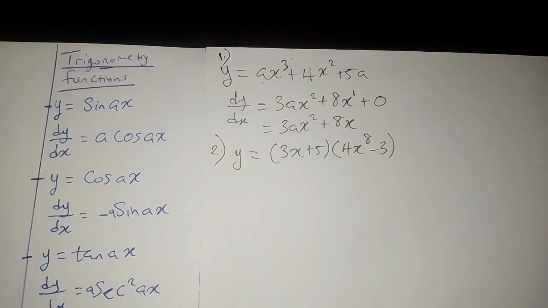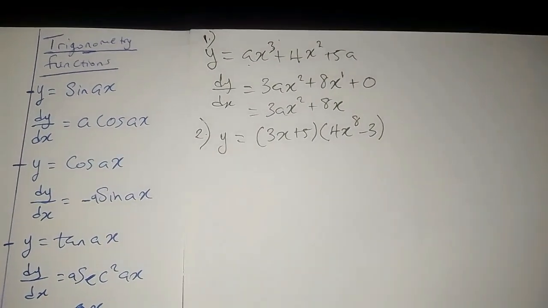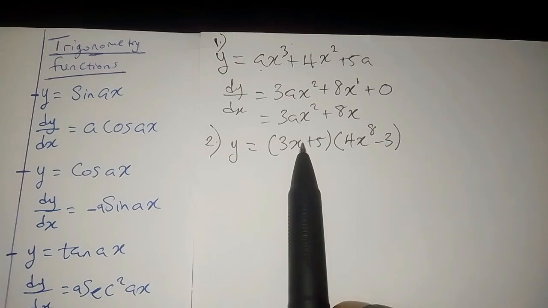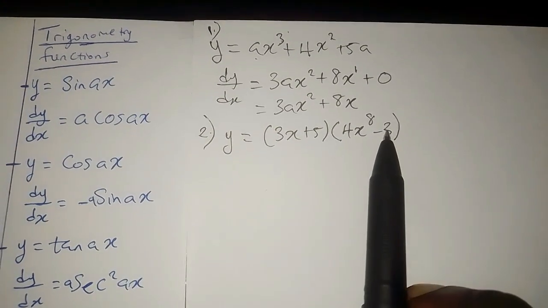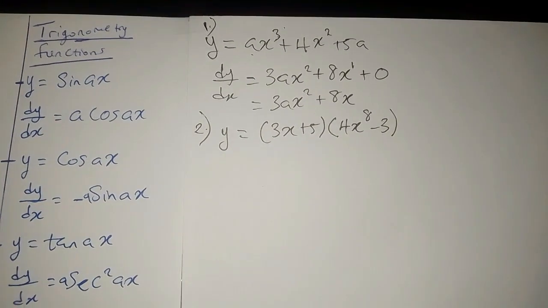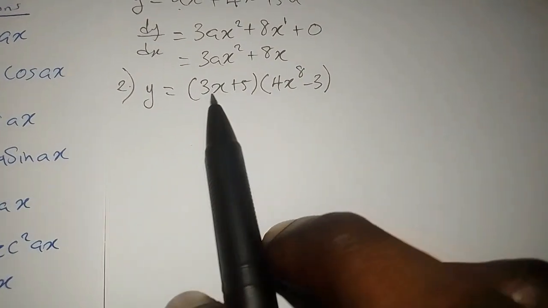What product rule is saying is that differentiate the first one, use it to multiply this, plus, keep the first one as constant, don't differentiate it yet.